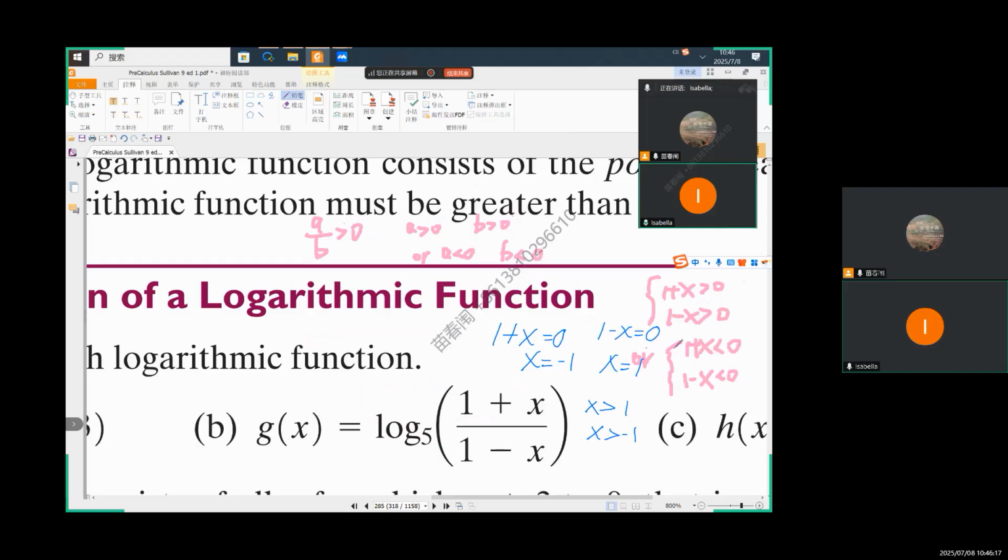I can deduce this one gives me x greater than, let me see.